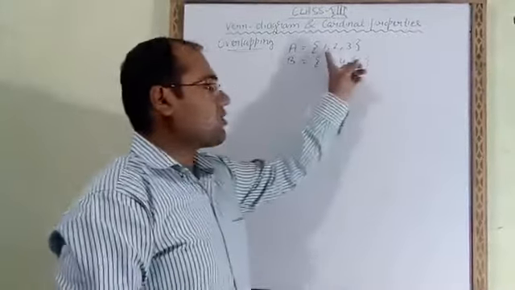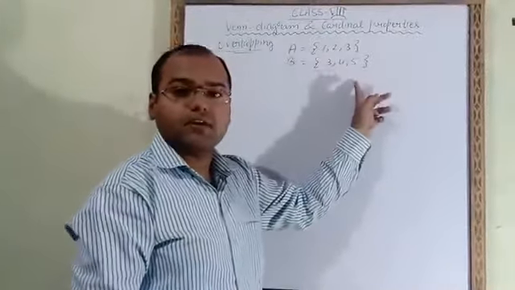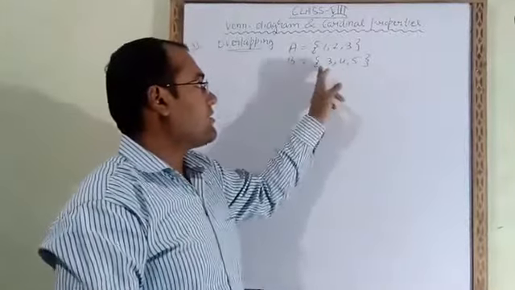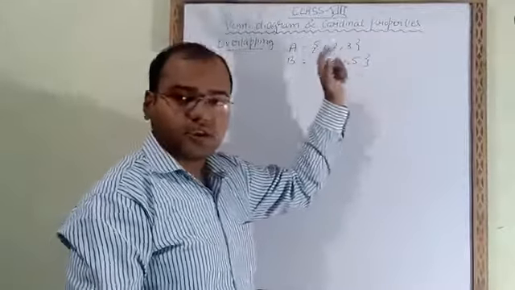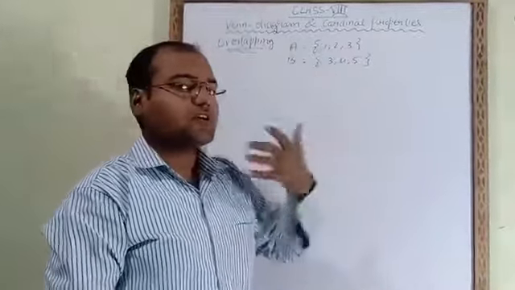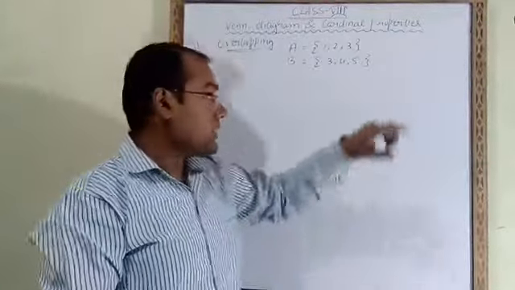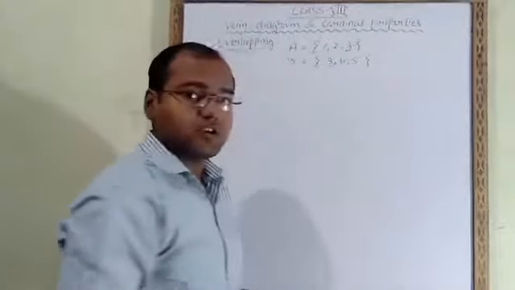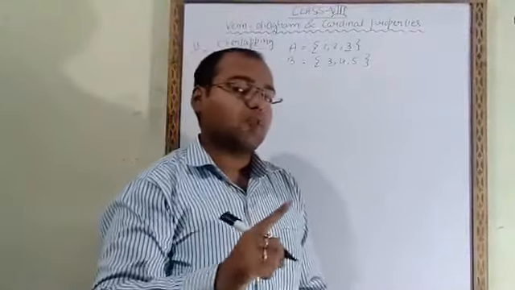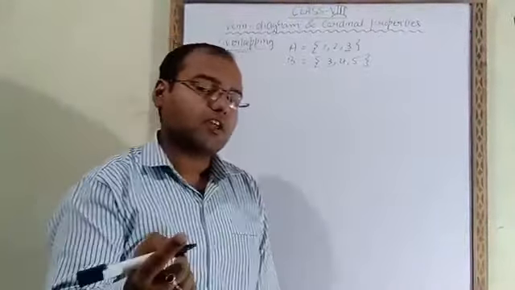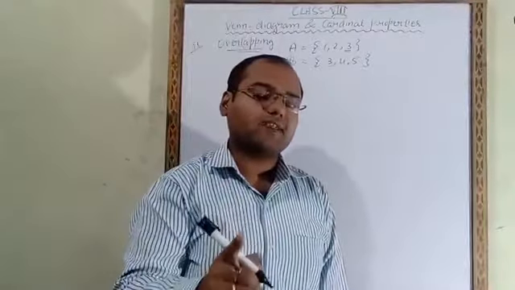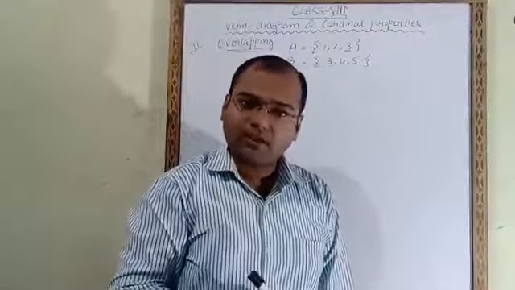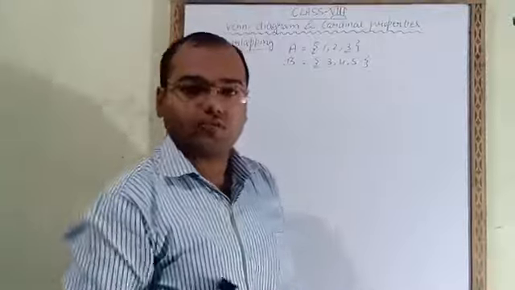Here all the elements of A are not coming in B, and all the elements of B are also not coming in A. So this is not a case of subset. Now the second thing: if we observe, the element 3 is common in both. If one or more elements are common, then that case will be of overlapping. So in such a case, how will we draw the Venn diagram?